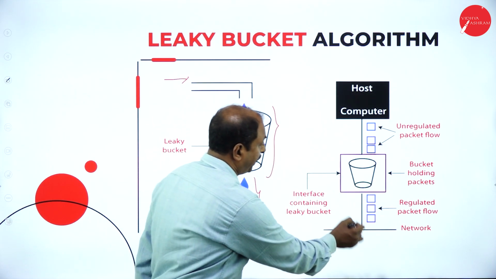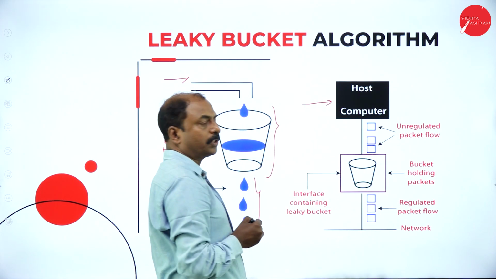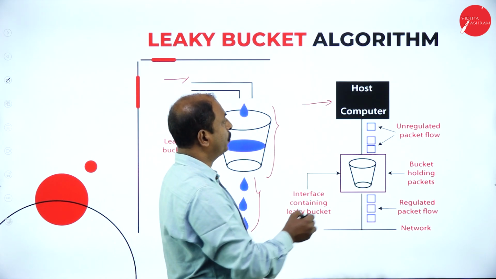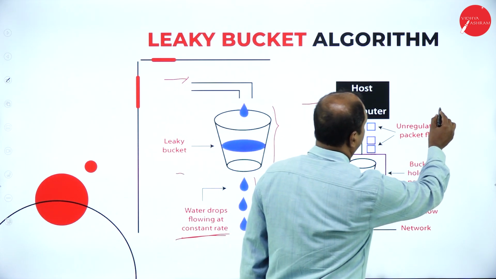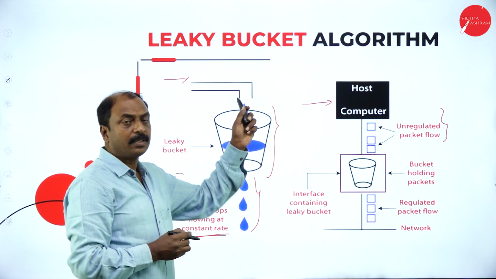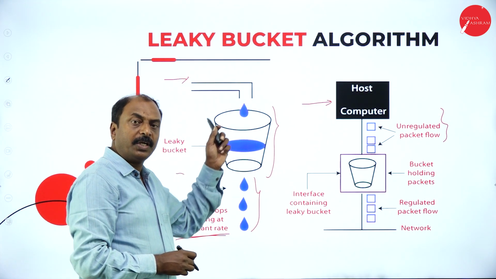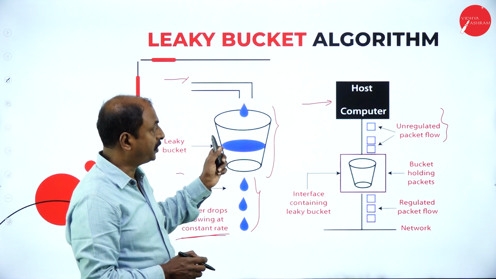So this is a computer network, and see the host computer. The host computer is going to send packets to the network. This is unregulated packet flow. As we have seen in the example, the rate at which water flows into the bucket varies and is not constant.